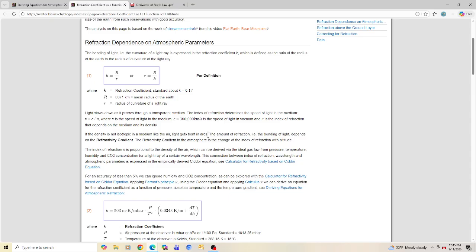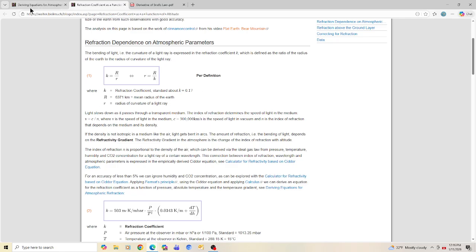That's deceptive. Isotropic does not mean it's a gradient. Isotropic, it's up or down, it's just not uniform. Okay, if it's not isotropic, the amount of refraction, the bending of light, depends on refractivity gradient or lack thereof. Okay, it's not that if it's not isotropic, it's a gradient. If it's not isotropic, it can be a turbulent atmosphere.